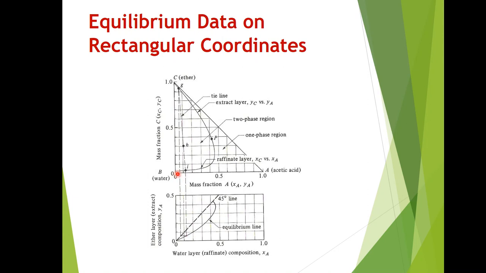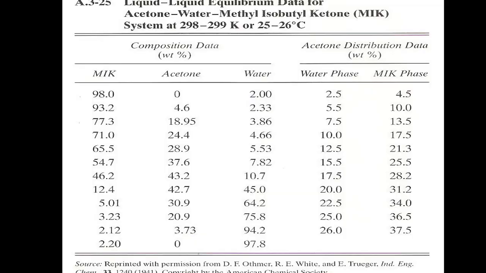So again, the horizontal axis is for your solute and the vertical axis is for the C. How do you construct this one? You use the A and the C concentrations in the table here. The C composition is for the MIK, and your A composition is for the acetone.